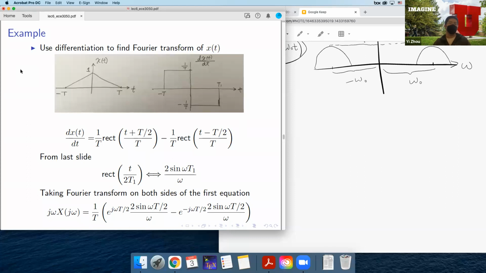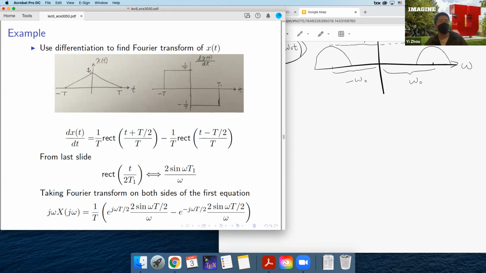And this is another example, where we are looking at the Fourier transform of such a triangular signal. This is more complicated if you want to follow the definition, because if you take the integration, you have to divide this into two pieces.